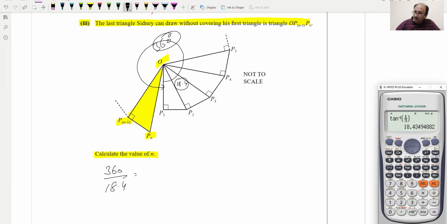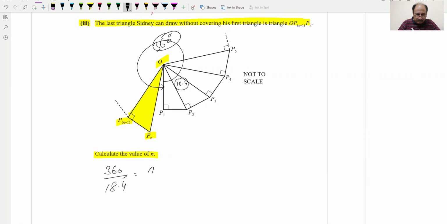If we calculate 360 divided by 18.4, this is giving us 19.56, this many triangles.